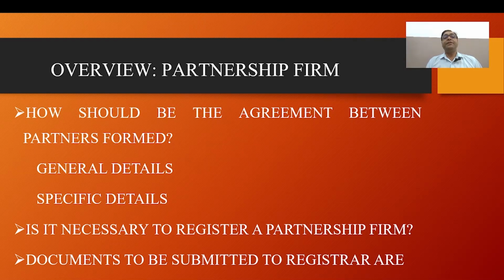Number one, interest on capital invested, drawings by partners or any loans provided by partners to the firm, salaries, commissions, or any other amount payable to partners. It means what the salary of partners would be and what the commissions will be should be clearly mentioned in the deed.